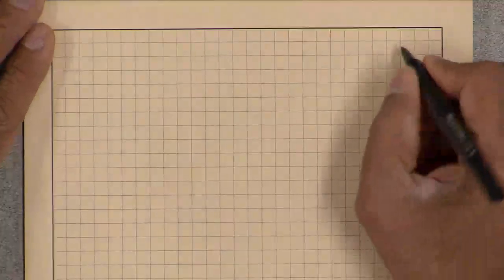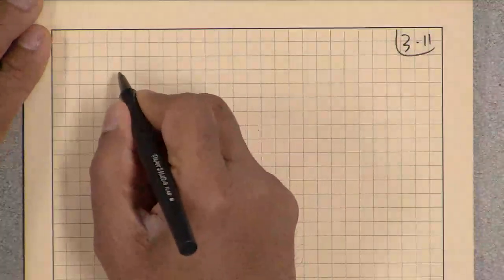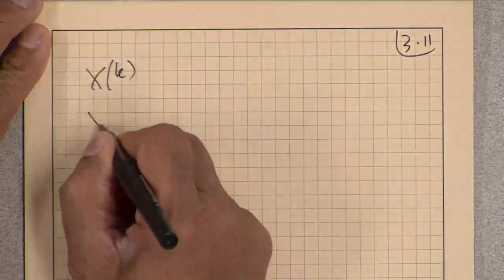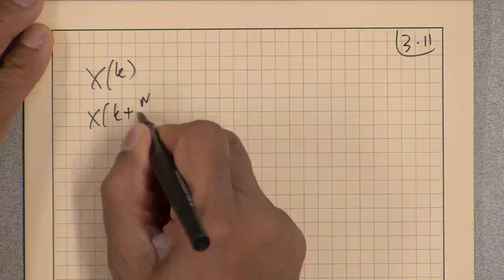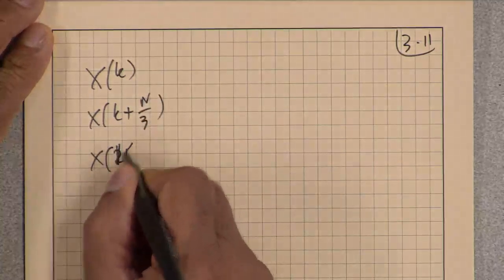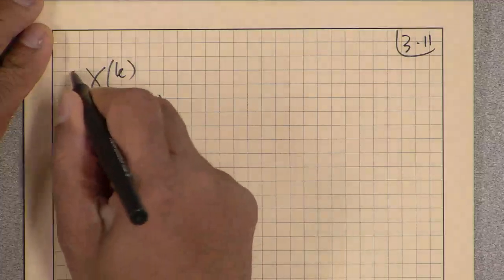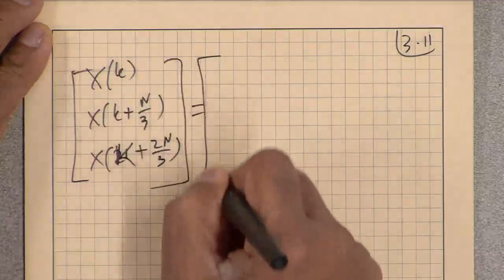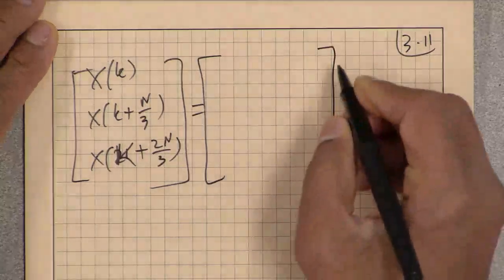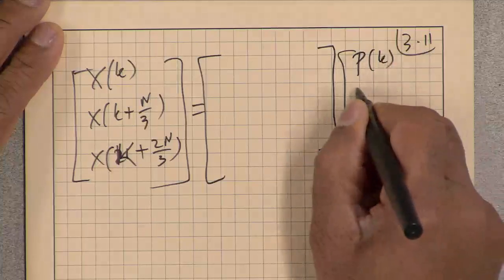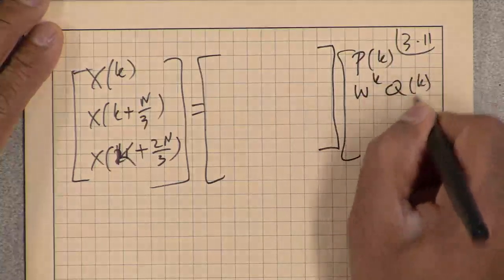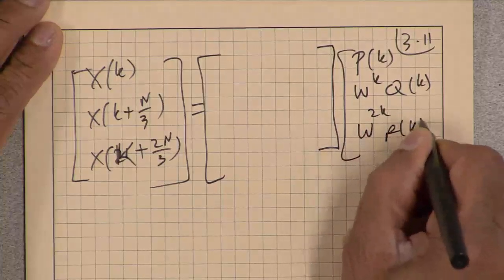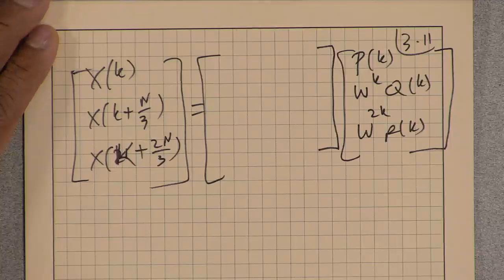So if I write down these equations, okay, what was xk?